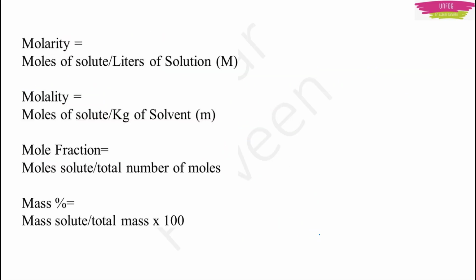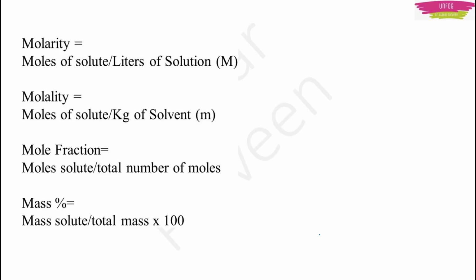Now let's have a very quick summary. Molarity means number of moles of solute upon volume of solution in liters. Molality means number of moles of solute upon mass of solvent in kg. Mole fraction means number of moles of solute upon total number of moles, or number of moles of solvent upon total number of moles. Then at last mass percentage.